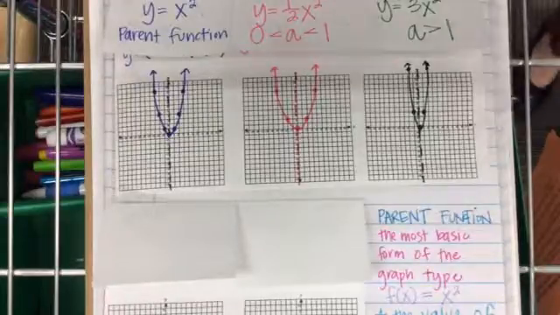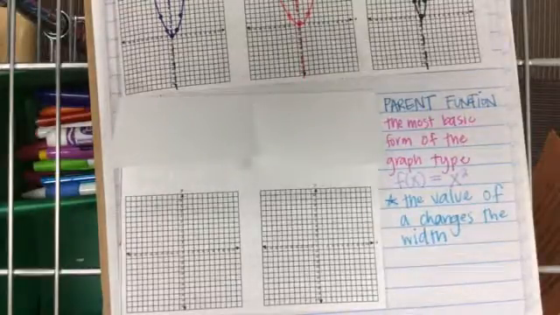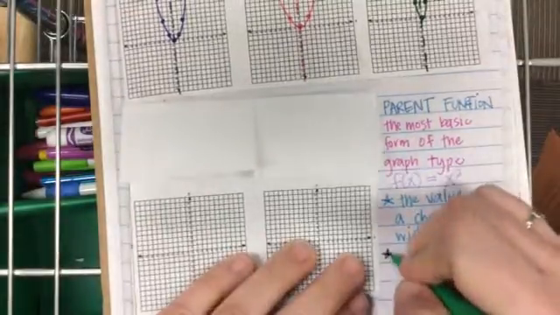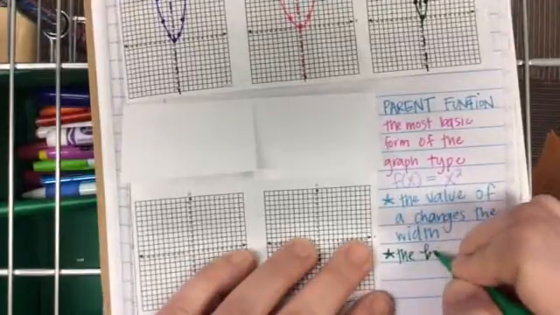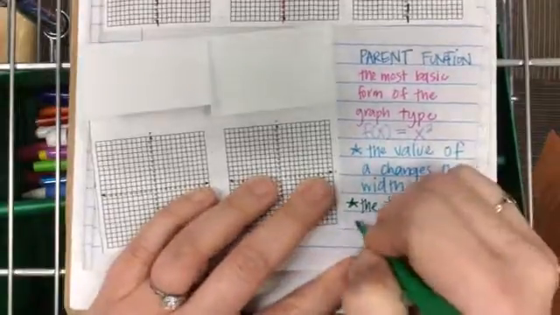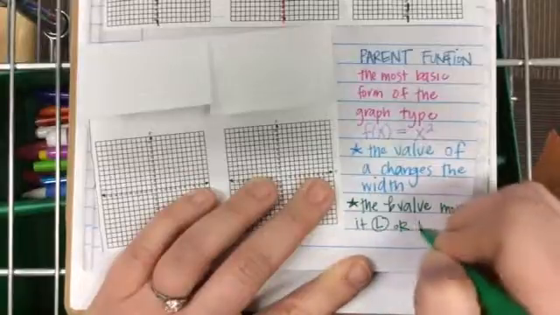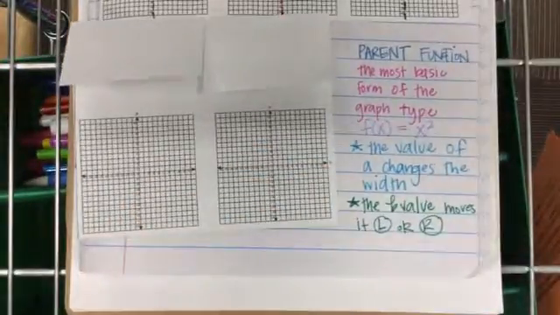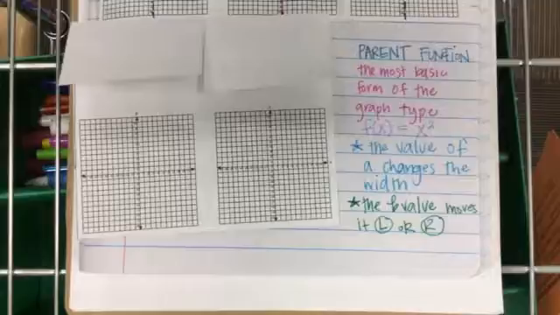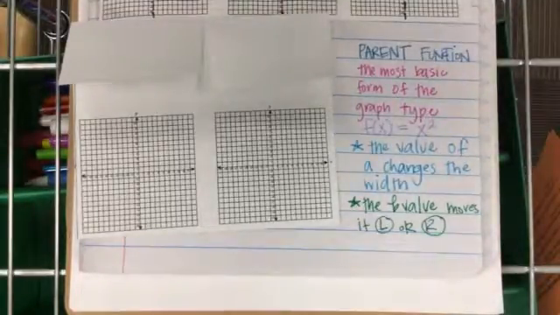So let's write that down because we talked about that when we were finding all of these axes. The B value moves it left or right. So we can change the width with the A value. The B value moves it left to right.